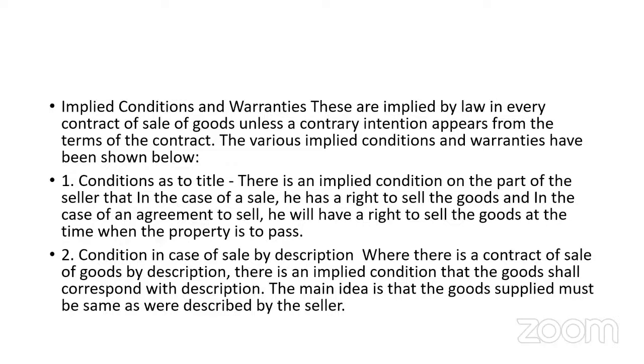There is an implied condition on the part of the seller that the seller has the right to sell the goods. That means if I am saying I will sell my house to you, there is an implied condition that I am the owner of the house. If I am not the owner of the house, I cannot sell it. So when somebody is approaching you to sell something, you need not verify whether that person is the real owner or not, because that is an implied condition.